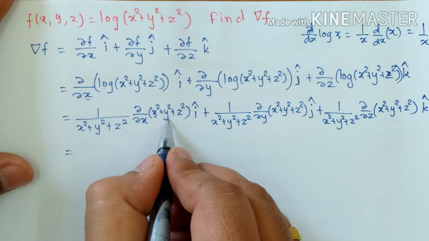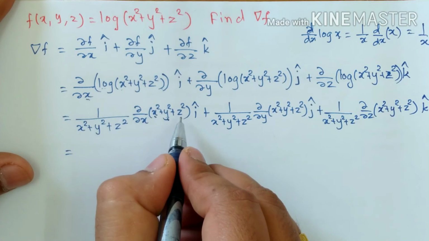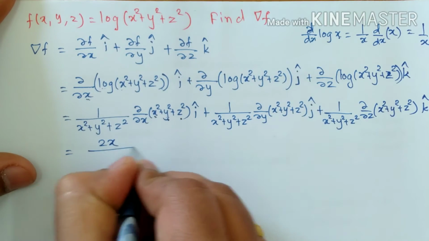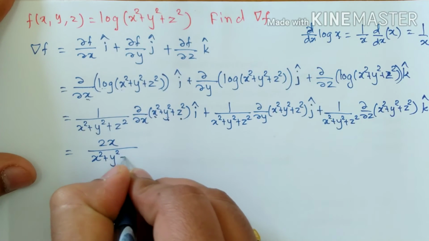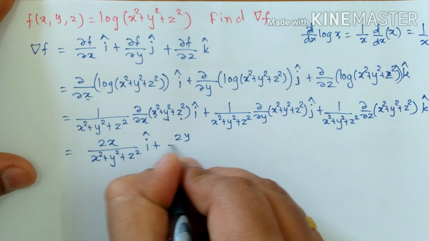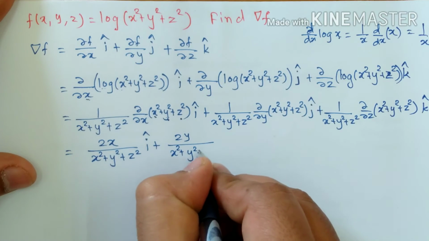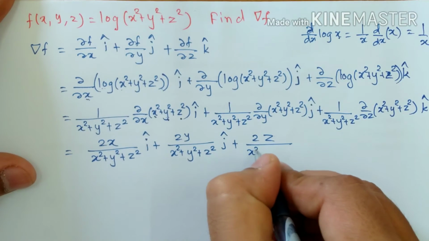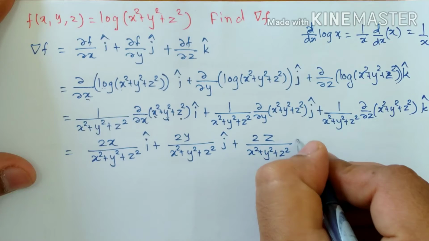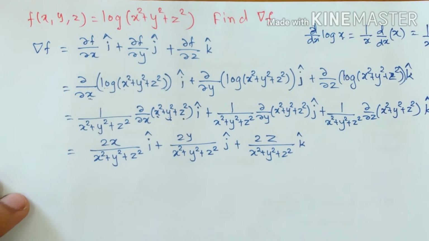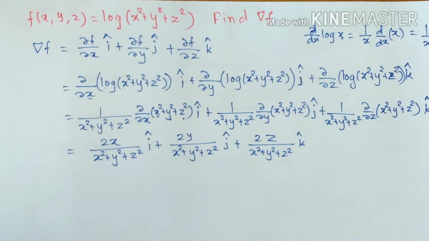In the second term, y square, there is no x, so the derivative is 0. In the third term also there is no x, so the derivative is 0. So from this I am getting 2x divided by x square plus y square plus z square. Similarly for this, 2y upon x square plus y square plus z square, and 2z upon x square plus y square plus z square into k cap. Okay.